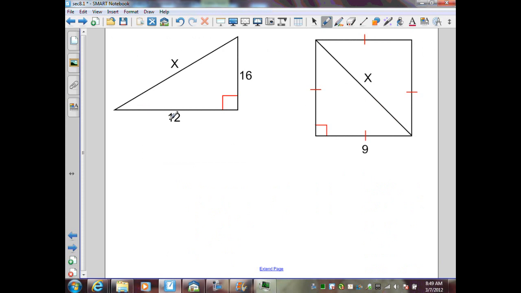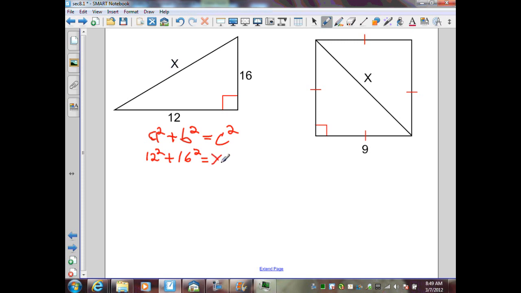In my next example, I have another right triangle. Therefore, I want to use the Pythagorean theorem to solve for x, which is my hypotenuse. Just make sure that a and b are my legs. Here, one leg is 12, and the other leg is 16. And then I set that equal to my hypotenuse.